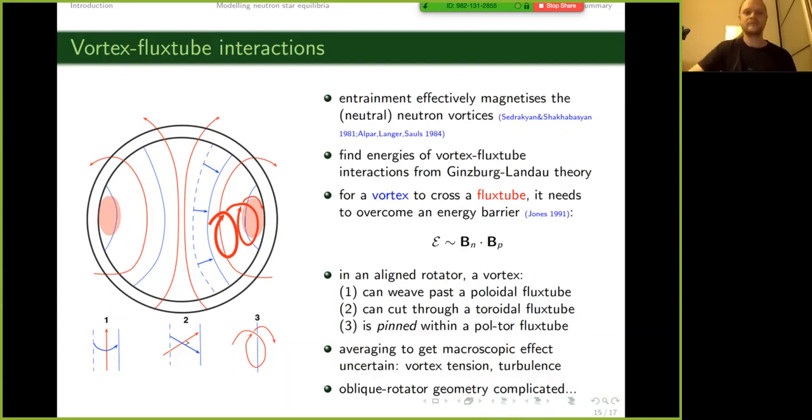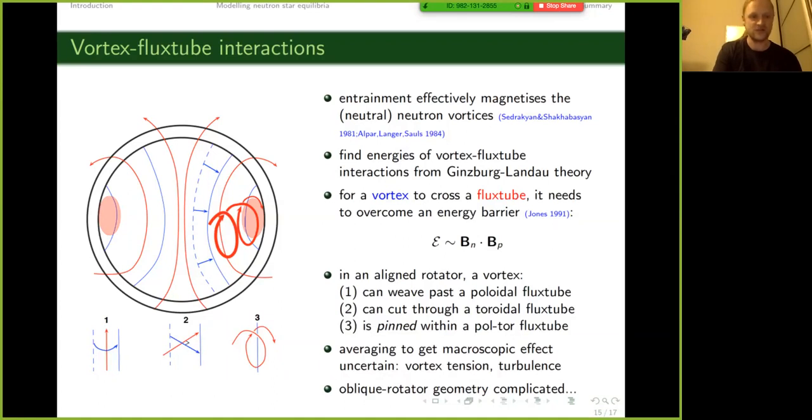So to adapt to the new lower rotation rate, the neutron vortices move out gradually, but they encounter flux tubes. And depending on the geometry of the flux tube they encounter, they may or may not be able to freely get past it. So if you can picture what's happening here, the vortex can weave past a poloidal flux tube, at least in this geometry.